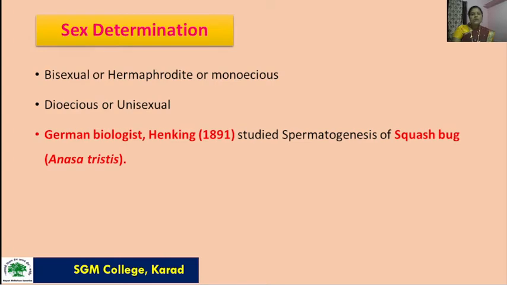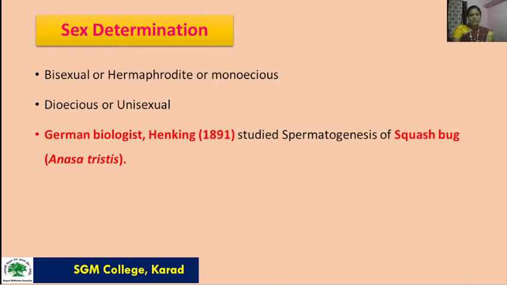While studying this mechanism, he observed the spermatogenesis of the squash bug, Anasa tristis. He observed that in Anasa tristis, 50% of sperms receive the unpaired chromosome, while the other 50% of sperms do not receive it.